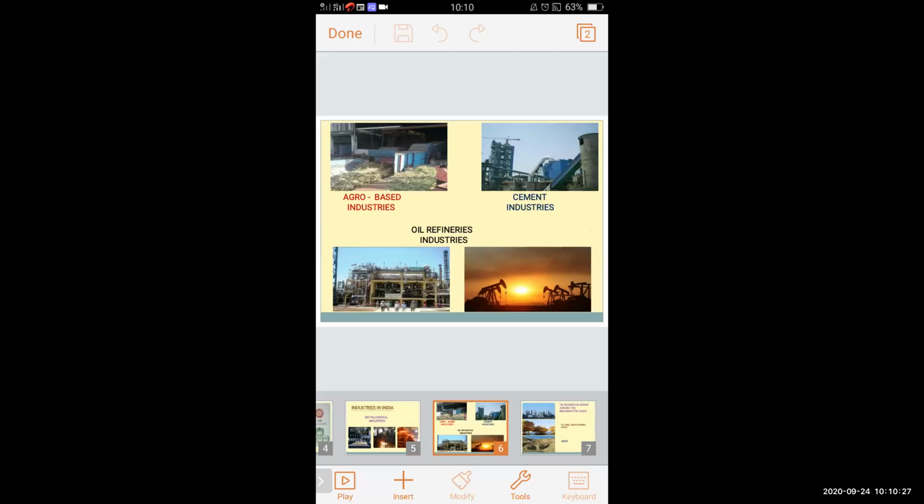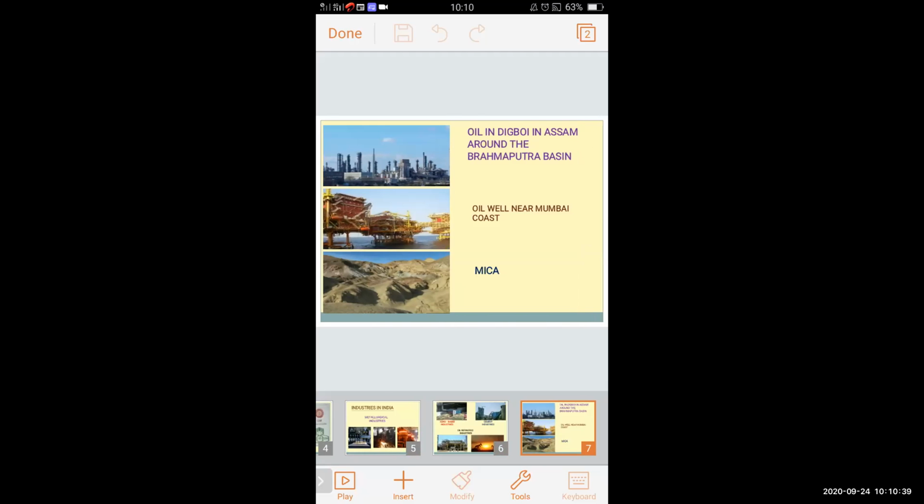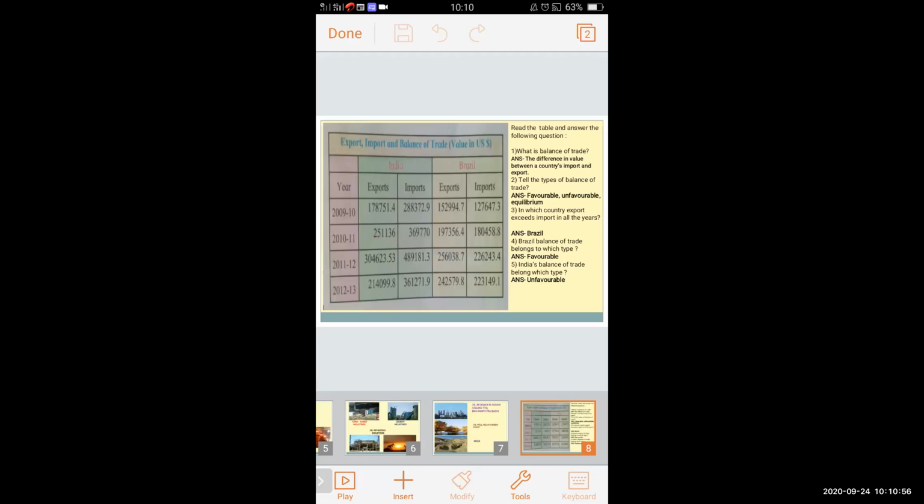There are agro-based industries, forest-based industries, cement industries, and oil refinery industries also in India, such as oil in Digboy in Assam around the Brahmaputra basin, and the oil well near the Mumbai coast. So we have learned about the industries in India.